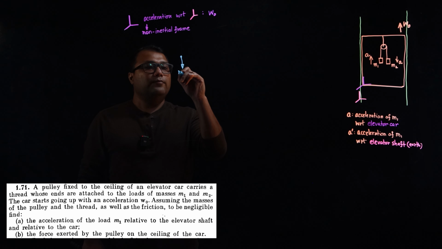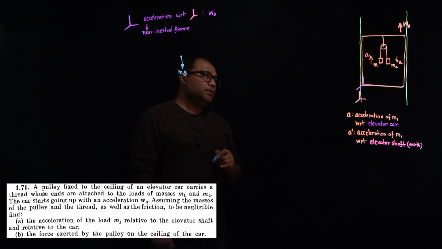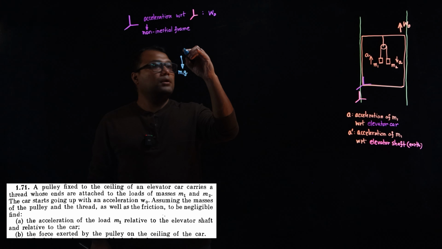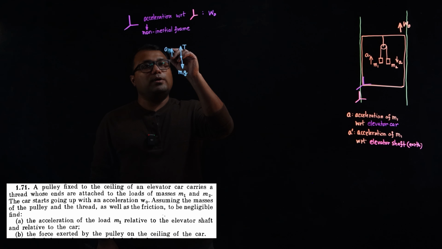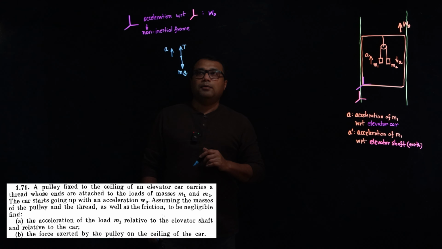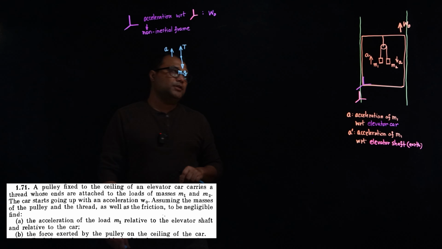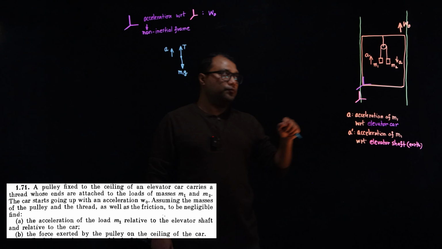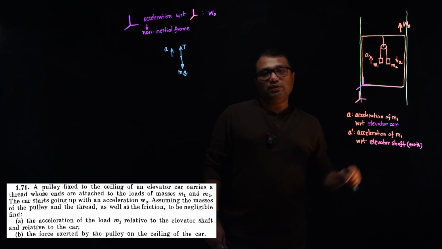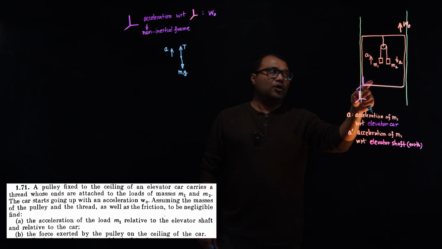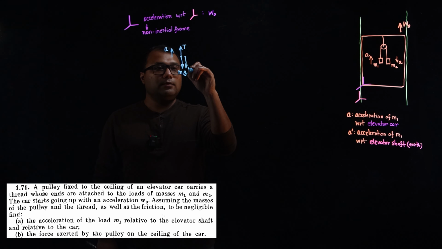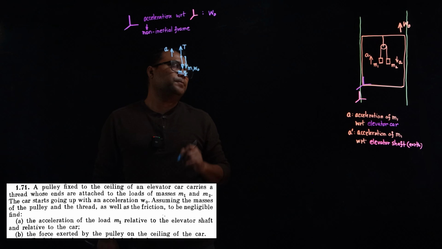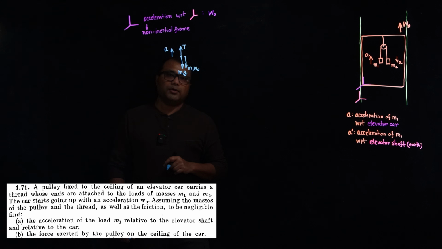So m1 will have m1g acting downwards, tension in the string acting upwards, and m1 is moving up with acceleration a. But remember, we are dealing with it in a non-inertial frame, so we'll have to include a pseudo force which is opposite to the direction of the acceleration of the non-inertial frame, and the force value will be m1 times w0 acting downward.